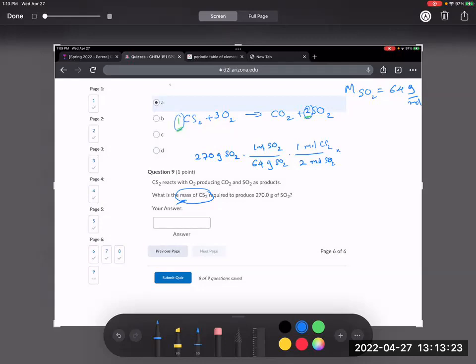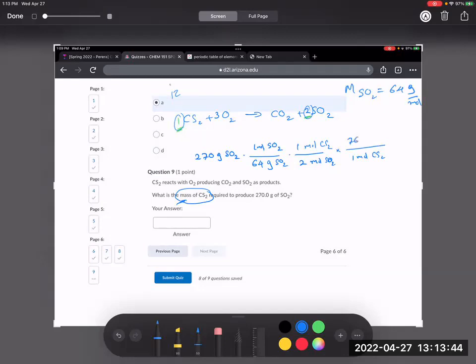The idea is 1 mole of CS2 is going to weigh, let's say carbon is 12, sulfur is 32. You have 2 of them, that's 64. 64 plus 12 is 76.